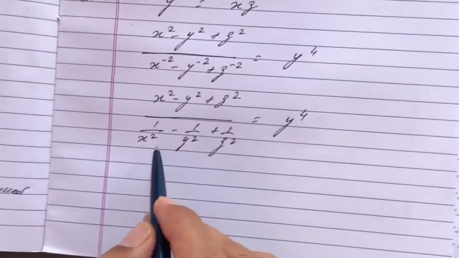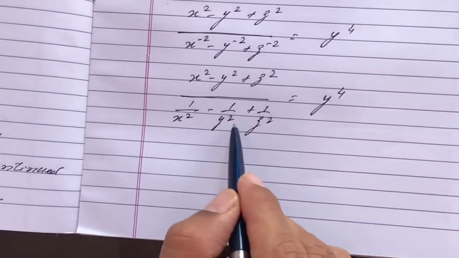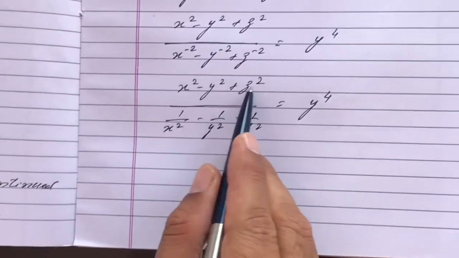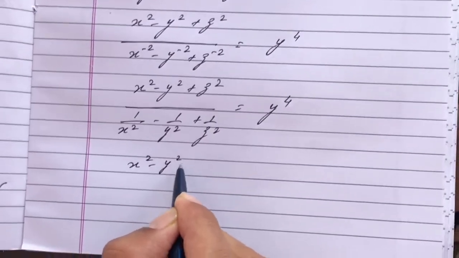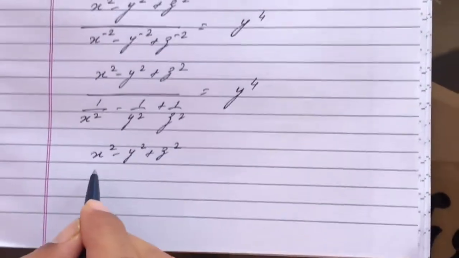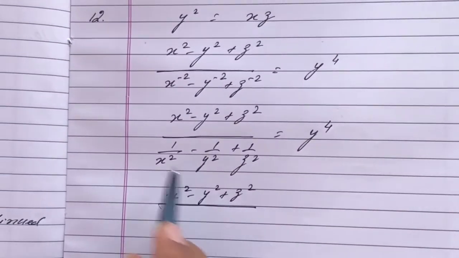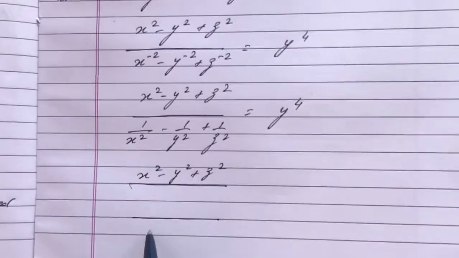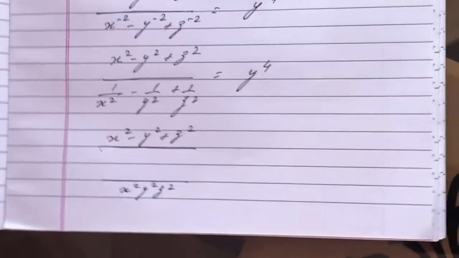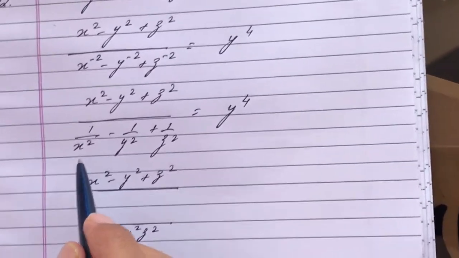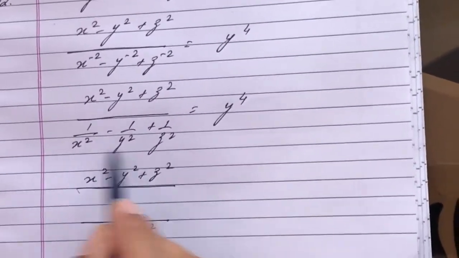Now I take the LCM of the denominator. Numerator I write as it is: x square minus y square plus z square upon, the LCM is x square y square z square, the multiplication of these three terms.